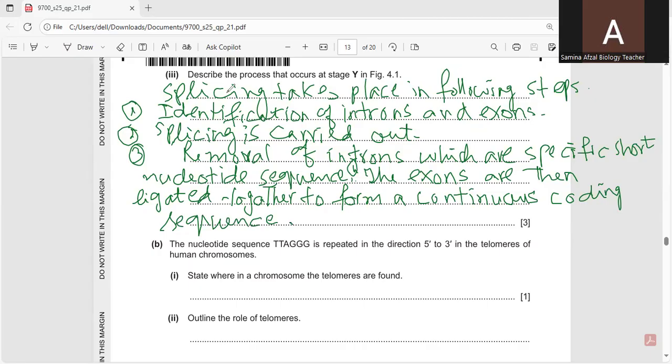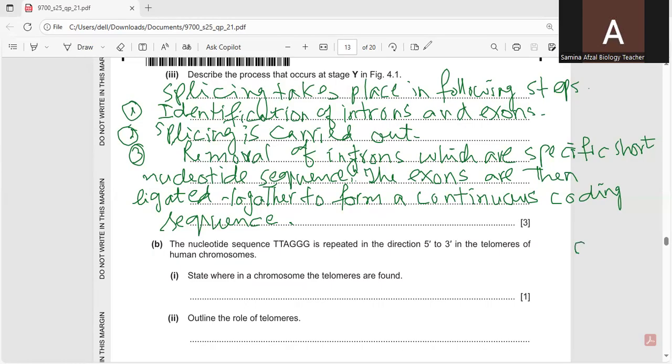The next question is: the nucleotide sequence thymine, adenine, guanine is repeated in the direction 5' to 3' in the telomeres of human chromosomes. State where in a chromosome the telomeres are found. So I would like to go with this question. First of all, we have to tell where the telomeres are found: at the ends or tips of the linear chromosomes.